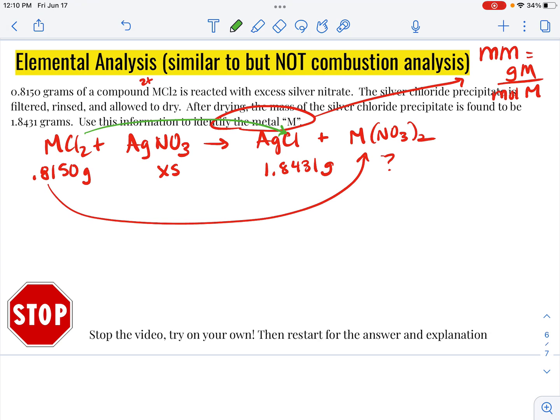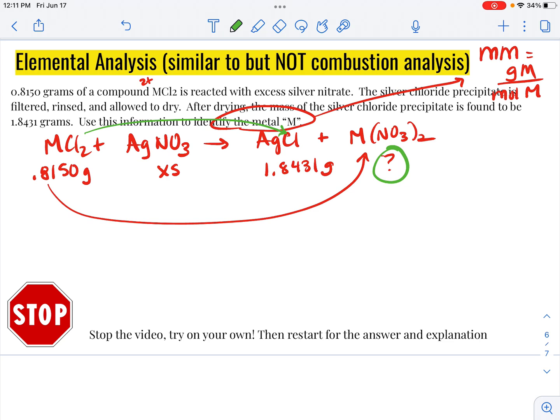So the idea would be that I don't know much about M because I don't know how much M(NO3)2 I formed, but I do know how much chlorine, and since I know who chlorine is, I also know its molar mass. So let's see what we can do with this. You try it if you'd like, and then restart the video.